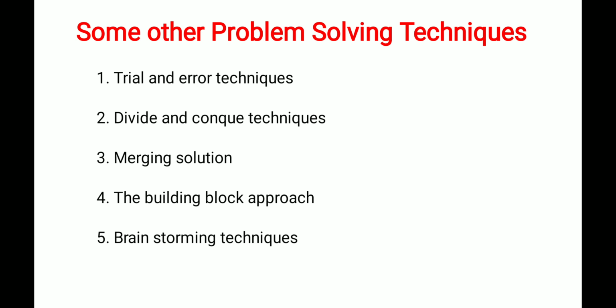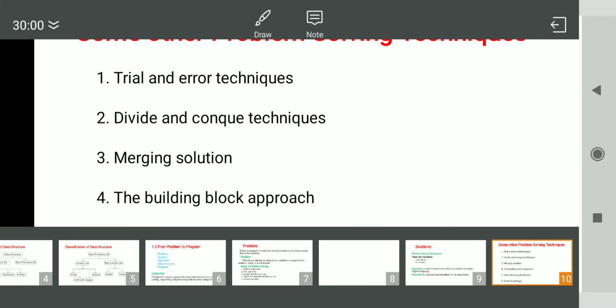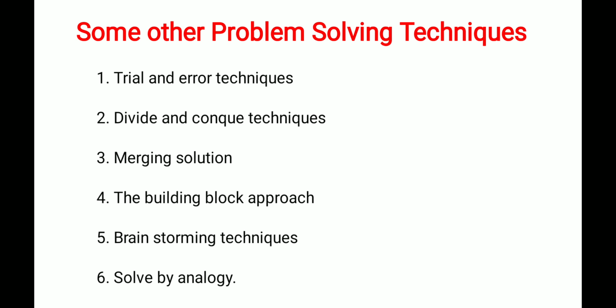Now brainstorming technique is a group activity actually. Basically the brainstorming technique is a completely group activity. Group members gather together, discuss any problem and give a proper solution. So it's a brainstorming discussion activity. And the next one is solve by analogy.